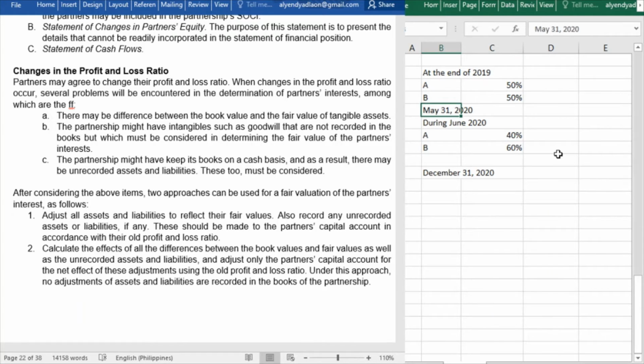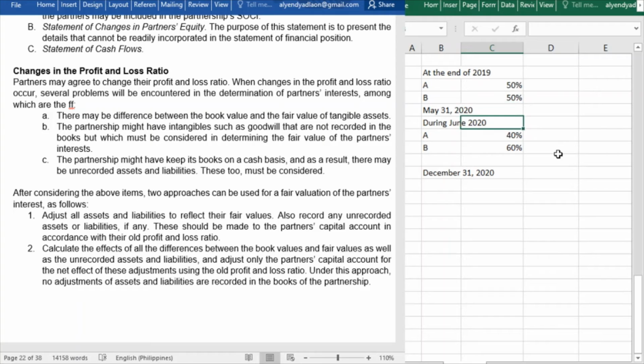So for us not to be confused, because for the whole year of 2020 we have two P&L ratios, the 50-50 and the 40-60, on May 31, 2020, we must already adjust the capital account balances of the partners. If there are any profits up to May 31, 2020, we are going to adjust that to the capital accounts of the partners using the ratio of 50-50%.